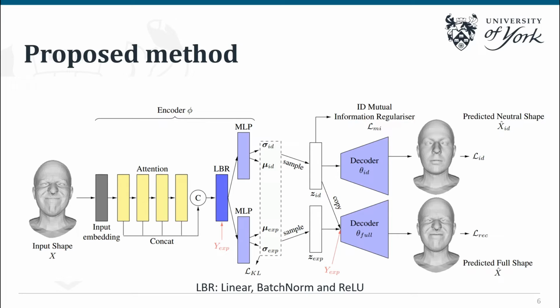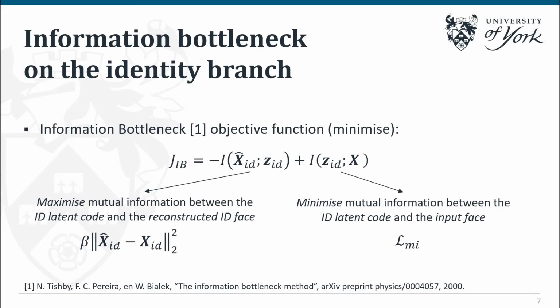For the loss function part, we apply the mutual information regularizer to the ZID and use two reconstruction losses on identity faces and full faces respectively. This is to achieve the reconstruction goal. The part in red color is the additional conditional VAE plugin that uses additional label information for semantically meaningful disentanglement.